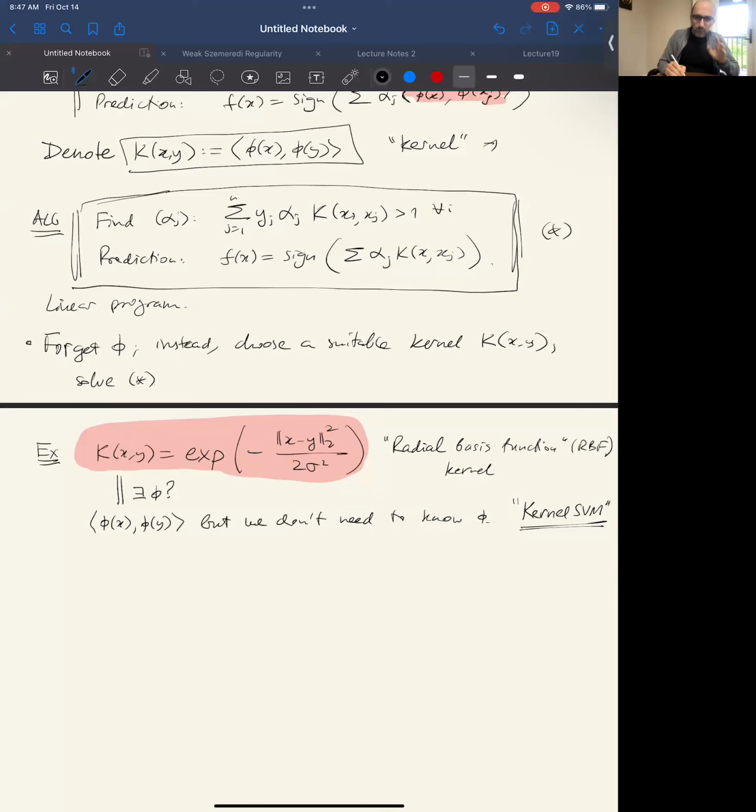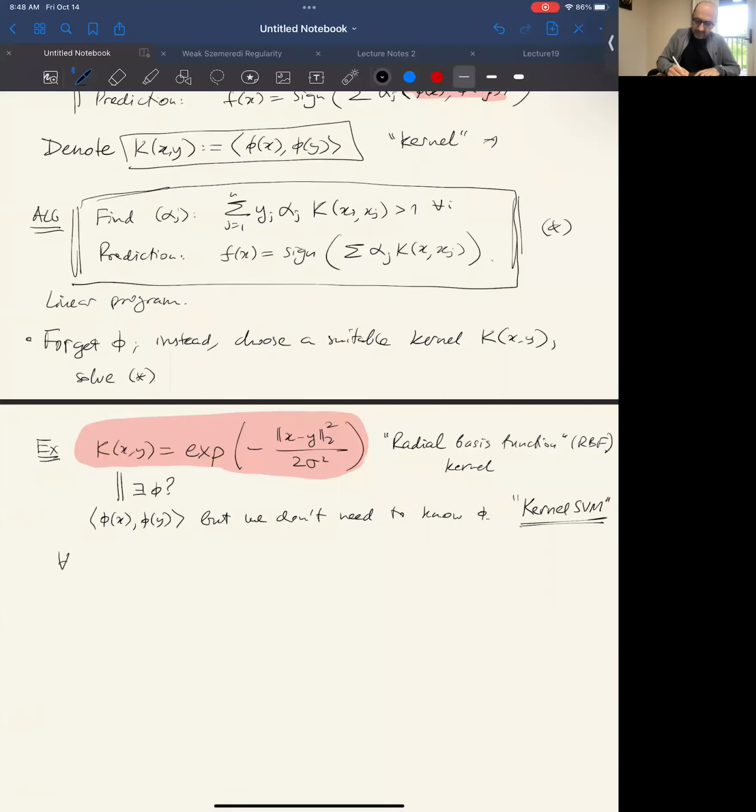Let's see. You can show that it's a valid kernel. There actually exists a transformation corresponding to it, the feature map corresponding to it. But let's see, where does it map? Let's say any point in R^D. Let's look at the norm of phi of x.